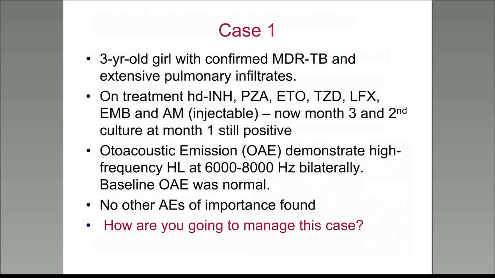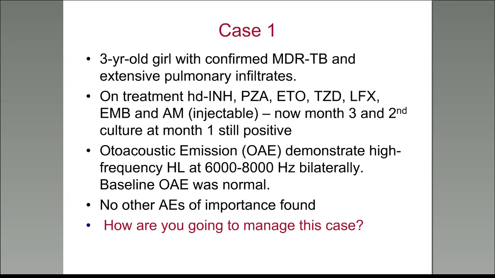So case number one, we'd like to share this case with you quickly. You're taking care of a 3-year-old girl who has confirmed MDR-TB and extensive pulmonary infiltrates. She is on treatment with high-dose INH, pyrazinamide, ethionamide, terizidone, levofloxacin, ethambutol, and amikacin. And she's now on month 3 of treatment.